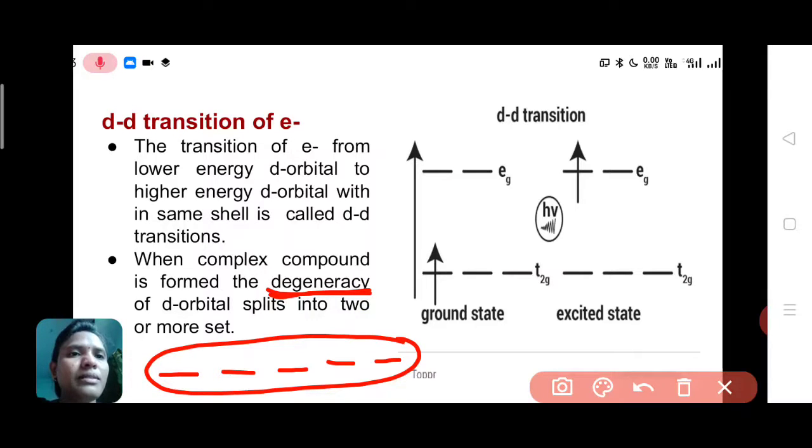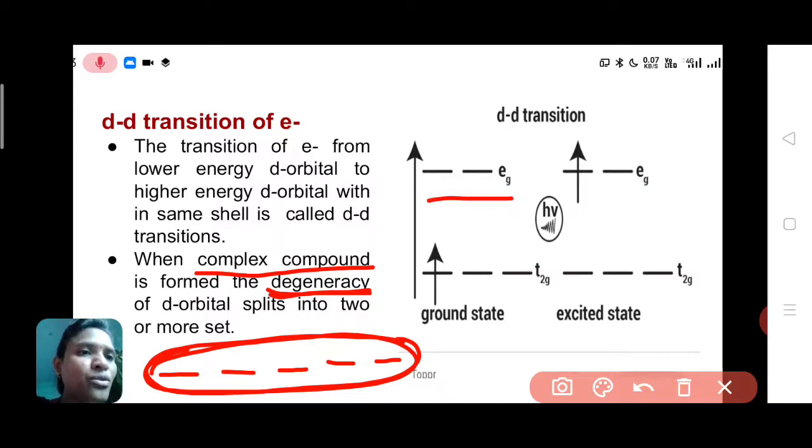Now see, when these transition elements form any complex compound, the degeneracy of the d orbitals gets disturbed. These 5 orbitals of the d shell get disturbed and split into two groups.